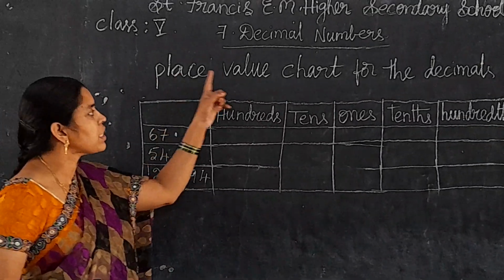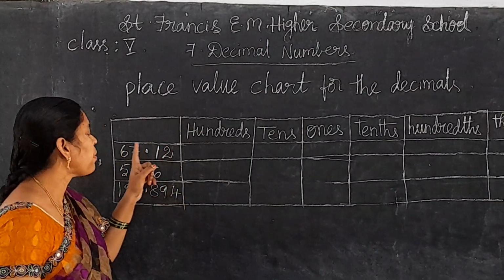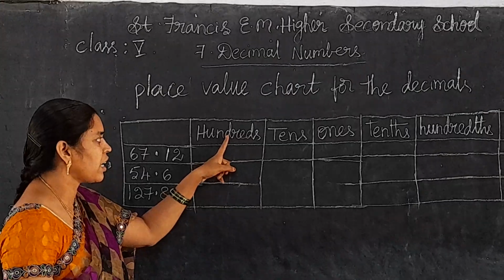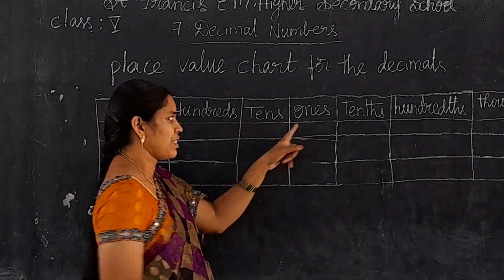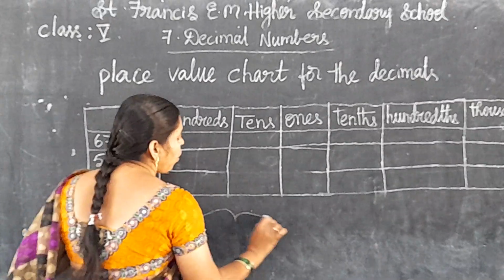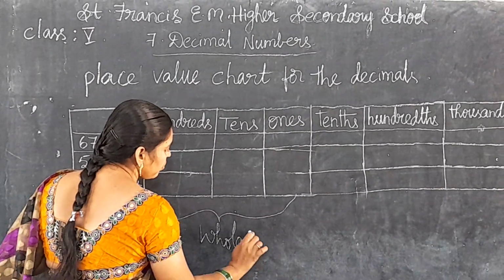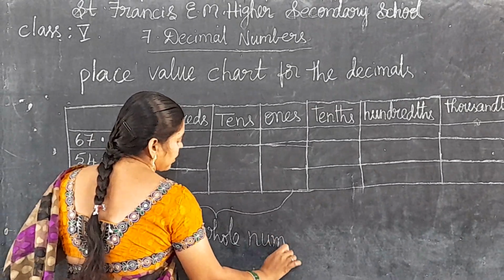See here the place value chart for the decimals. See, hundreds, tens, ones. This is the whole number part.